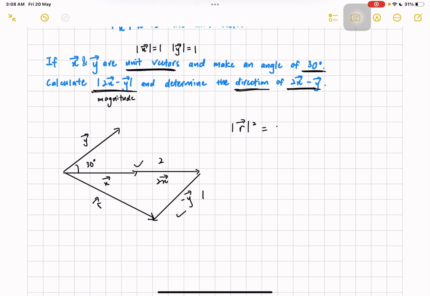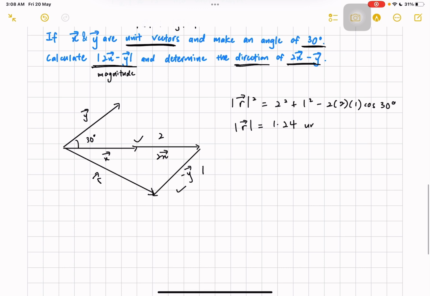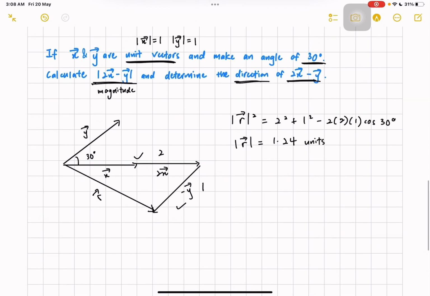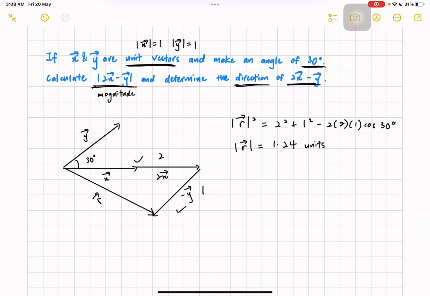All we have to do is plug everything in. If you do the calculation correctly, it will equal approximately 1.24 units, because they didn't give us any units, so we are using units as the unit.